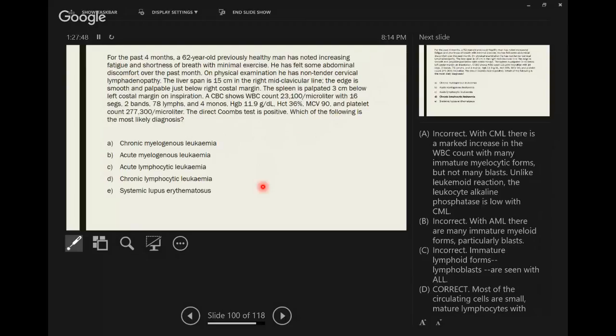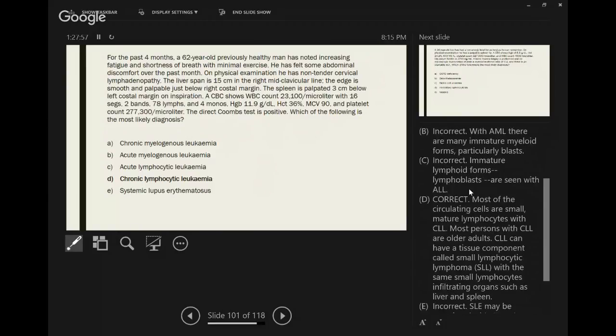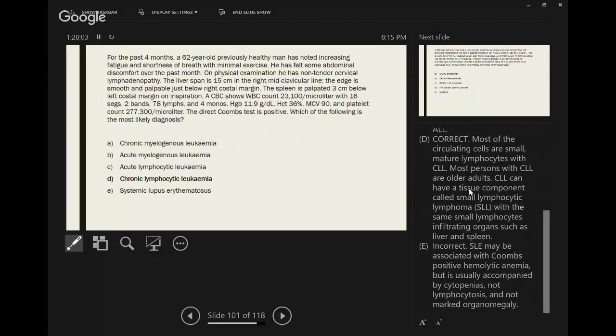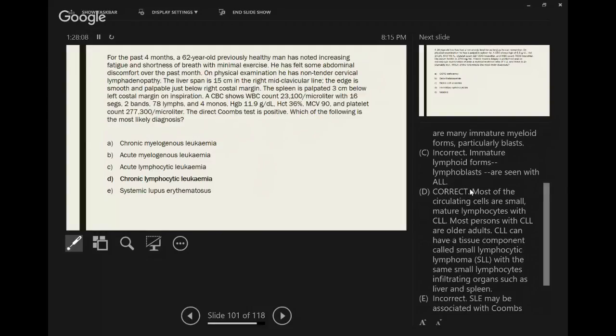Yeah, D. So it's chronic lymphocytic leukemia. Most of the cells are lymphocytes, which are circulating. It also fits, it's the right age group. And you can get things infiltrating the spleen and liver. It's not really that important to know about, but slight hepatosplenomegaly is one of the CLL symptoms. All right, is everyone happy with that question?